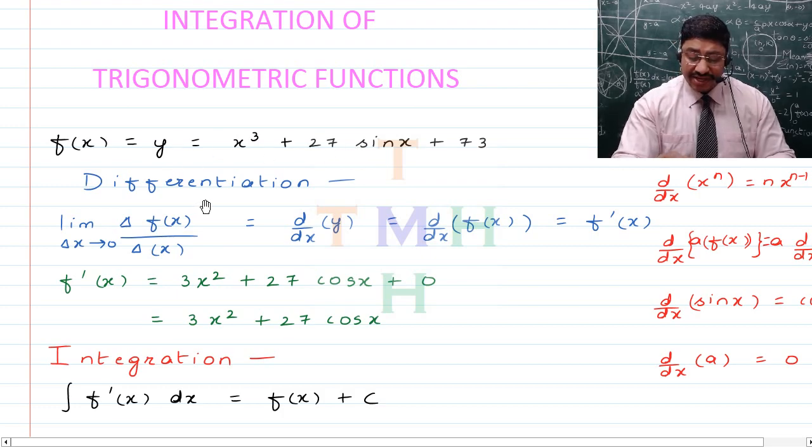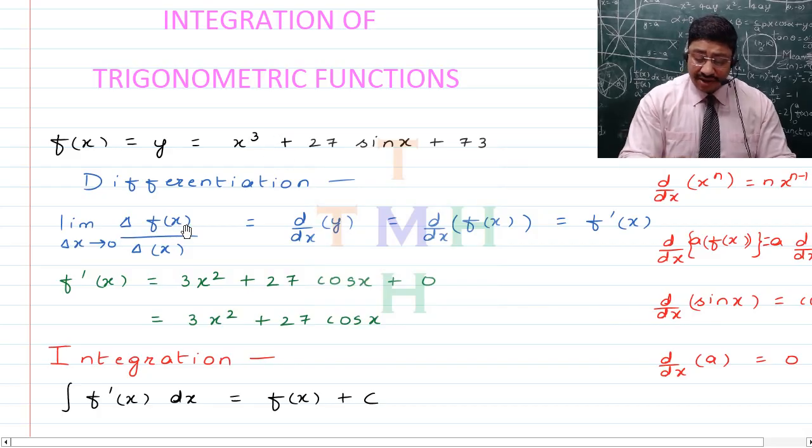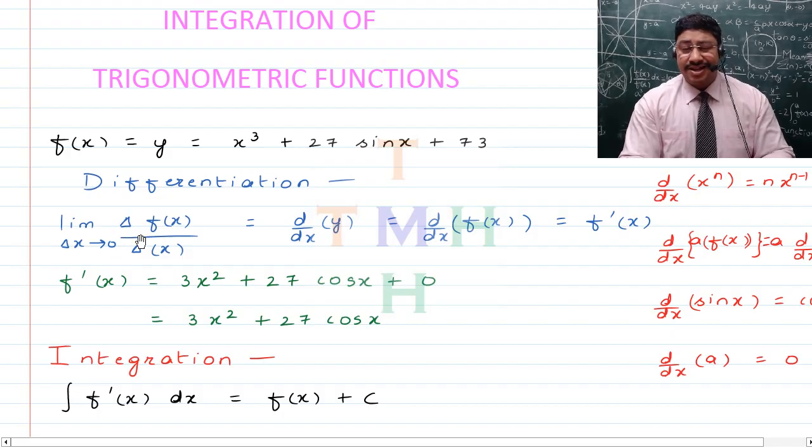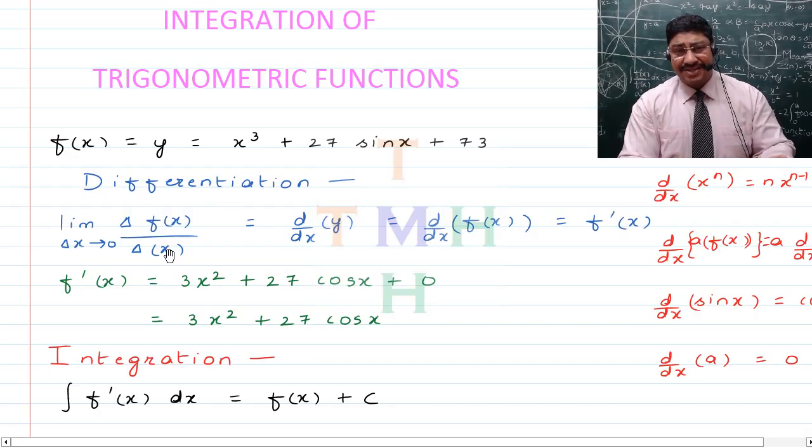Now differentiation of this above function will be the change in the value of the function or the dependent variable with respect to the change in the value of the independent variable, when the change in the independent variable is infinitesimally small. Remember, this is actually just like a small triangle, which is delta, a Greek alphabet, and generally speaking, it represents change in.